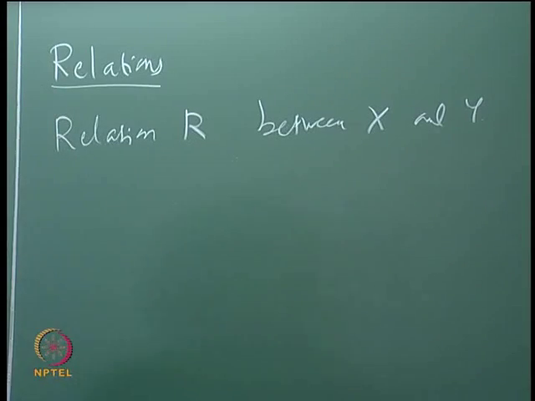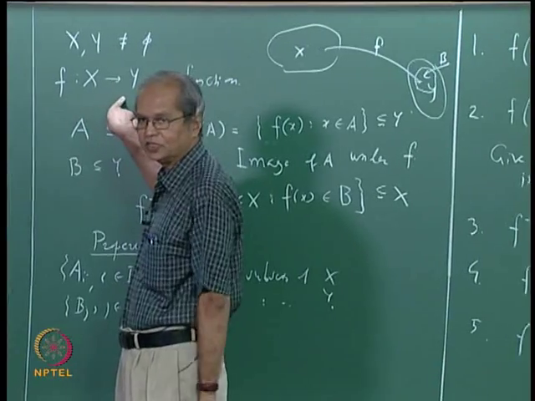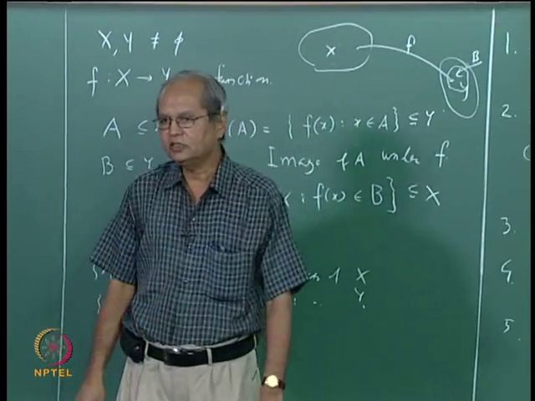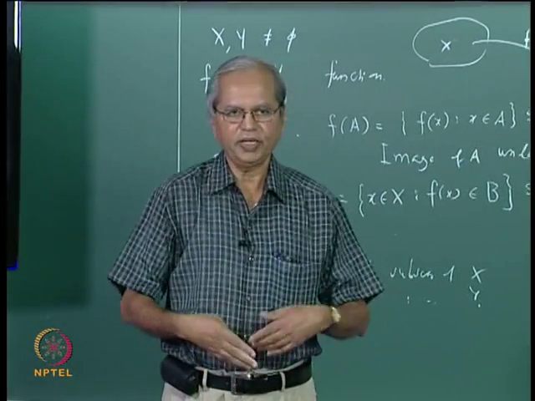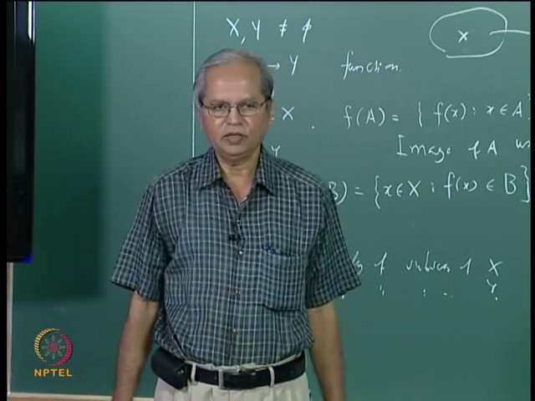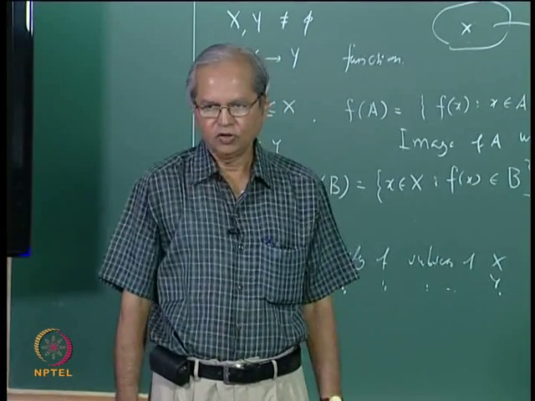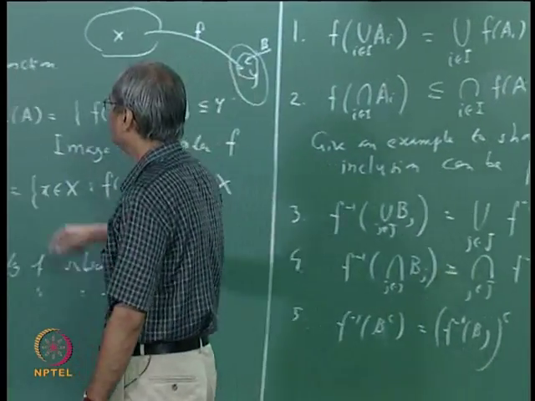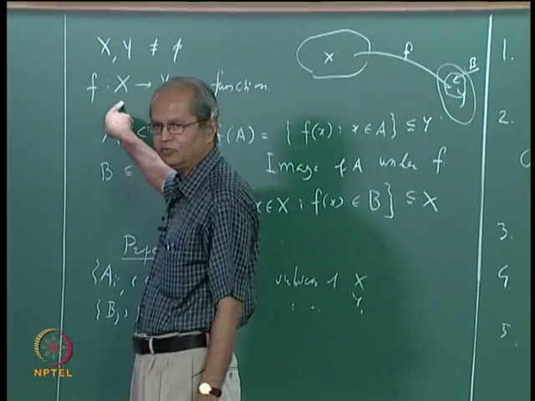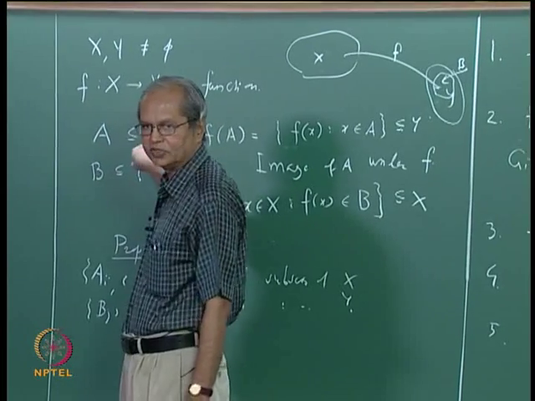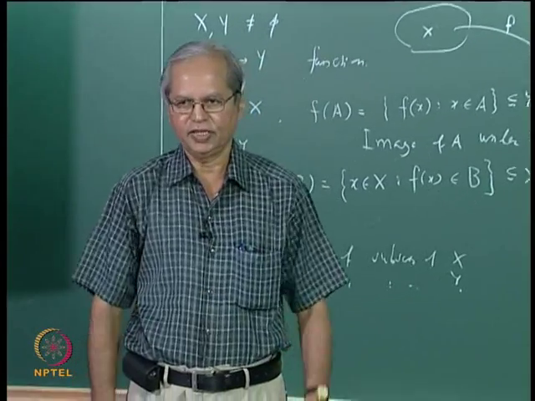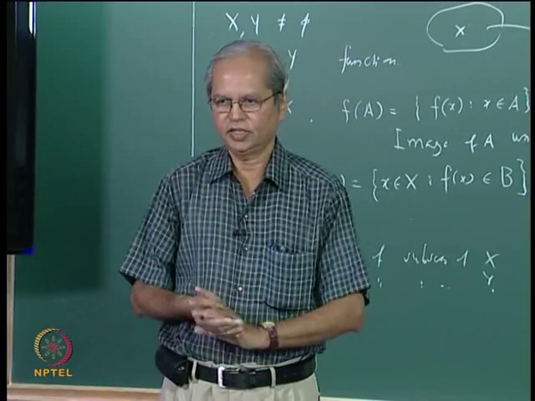What is the difference? In functions, every element has to have some image, whereas in a relation that is not the case. Some elements may have an image or some elements may not have an image. One more thing, in the case of a function, every element has a unique image. It cannot happen that the same element goes to two different elements. But again that is also not required for relations. Any number of elements can be attached to any number of elements.